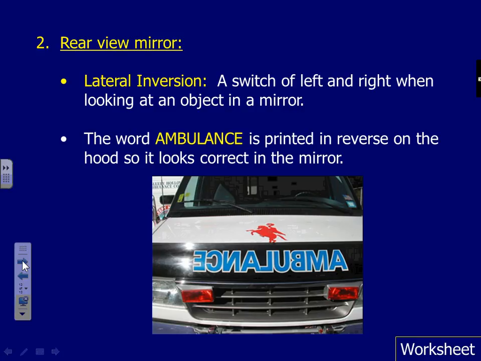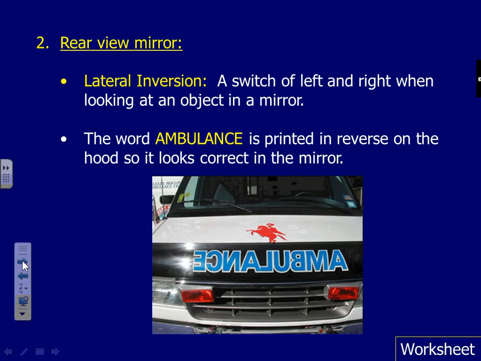If you're looking at the image from the image point of view, we call that lateral inversion. Rights become lefts, all right? So when you look at the word ambulance, that is written backwards on the hood of an ambulance, in your rear view mirror, you quickly see the word properly, and your brain doesn't have to think about lateral inversion in order to get it straight.